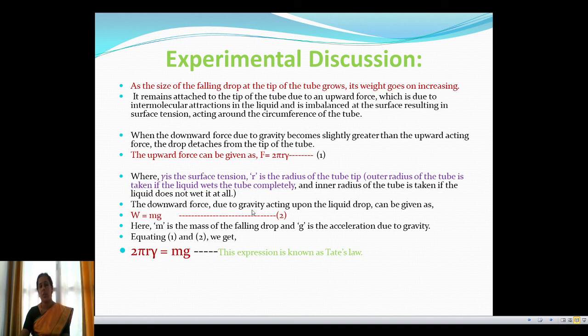Equating these two at equilibrium, 2 pi r gamma is equal to m g, and this expression is known as Tate's law. The stalagmometric method is based on Tate's law.